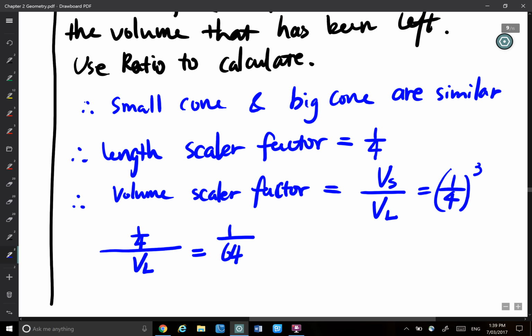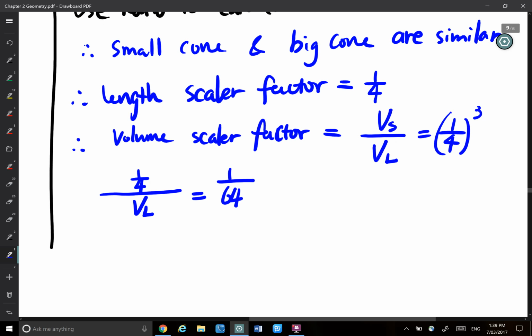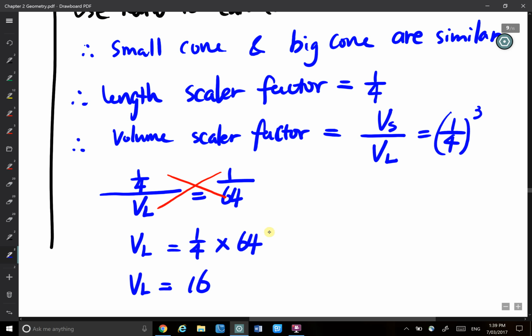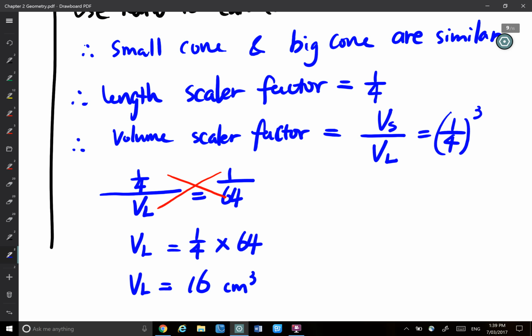Okay, so it's that. And you can do cross multiplication. So the volume of the large one equals a quarter times 64, and the volume of the large one will be 16 centimeter cubed. Okay, the huge cone will be 16 centimeter cubed.